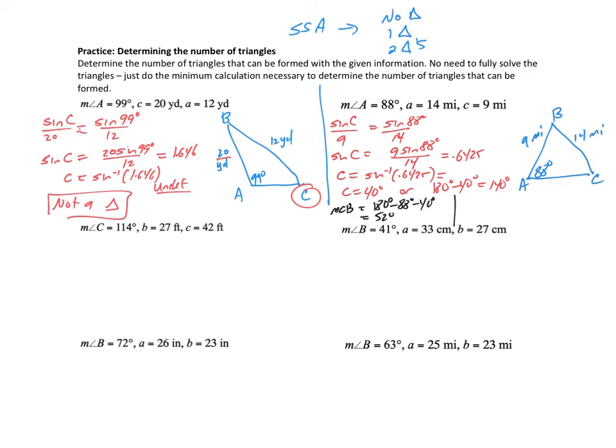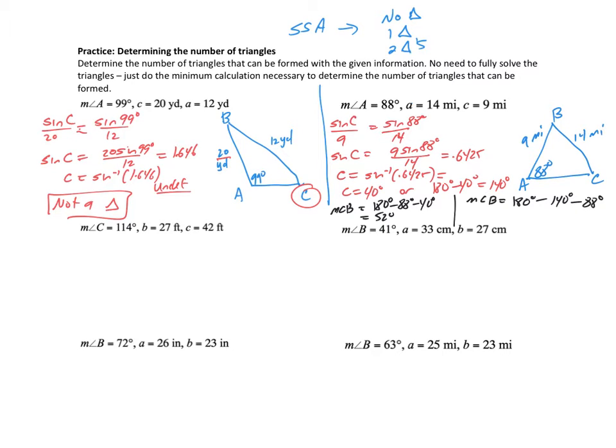The possibility that we really need to check is the obtuse angle for C. The measure of angle B would be 180 degrees minus 140 degrees, which is the measure of angle C, minus the measure of A, which is 88 degrees.